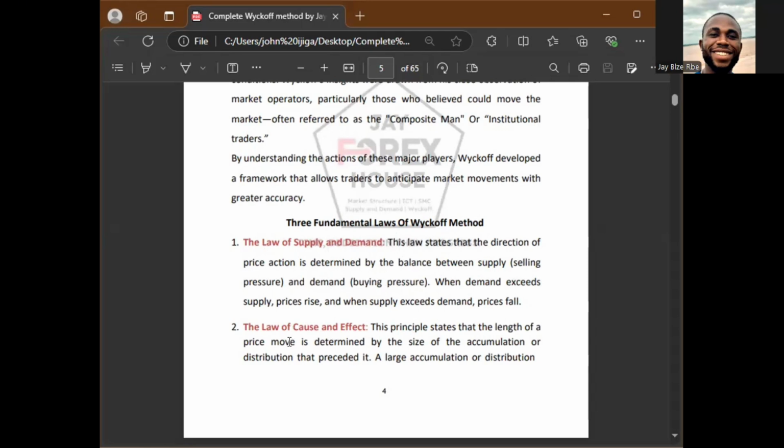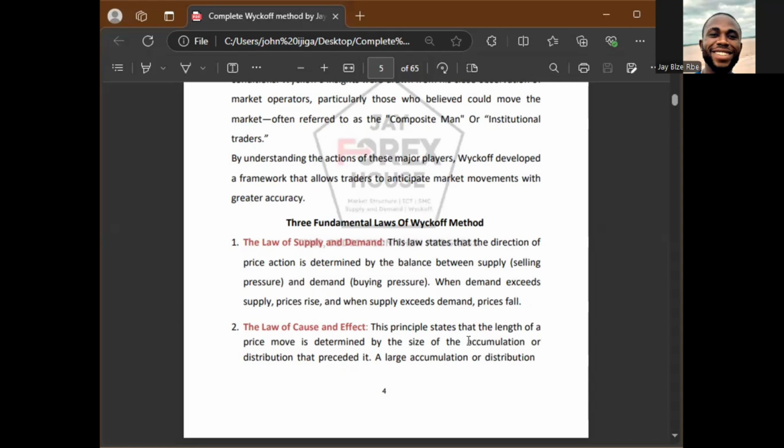So we have the law of cause and effect, which states that the length of the price movement is determined by the size of the accumulation or the distribution. I've been explaining earlier that we have accumulation 1, 2, 3, distribution 1, 2, 3, and all of that. So when you see things like this, they're talking in general.